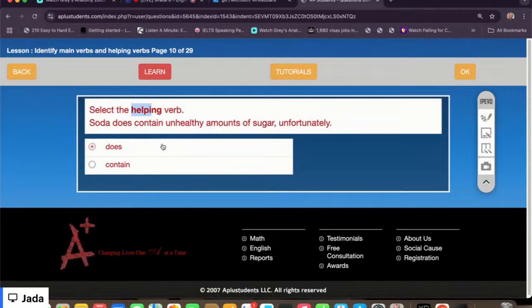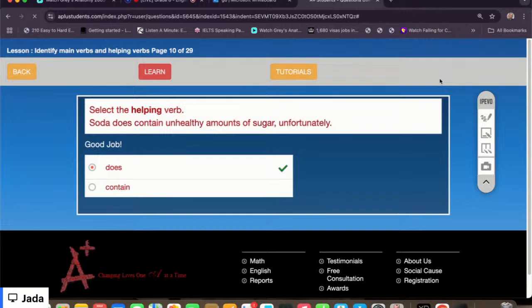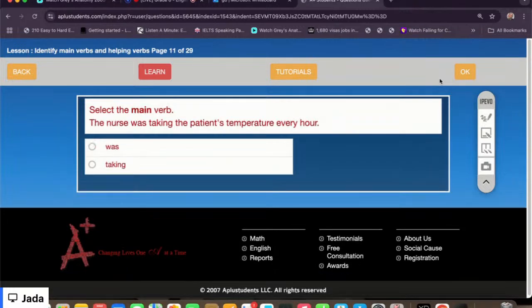Alright, so the helping verb here is does. Okay? The nurse was taking the patient's temperature every hour.